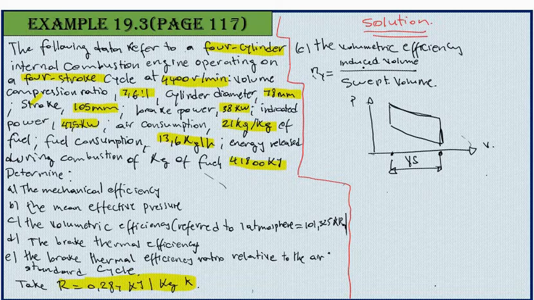It means the amount of air being supplied to the engine is always less than the volume of the cylinder. Otherwise, if they were the same, we would get a volumetric efficiency of 100%. But that is not the case in reality.